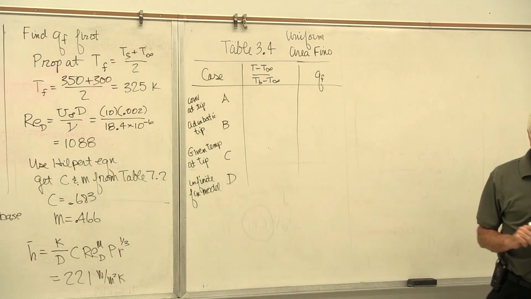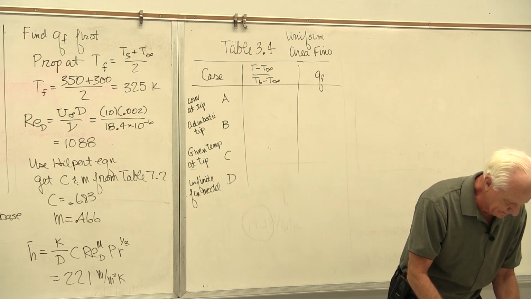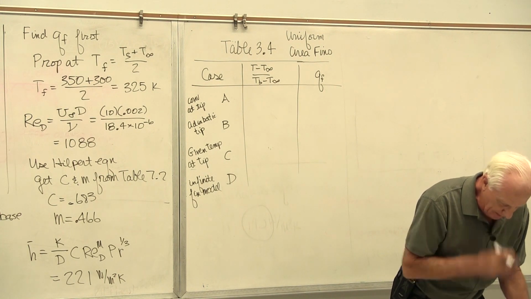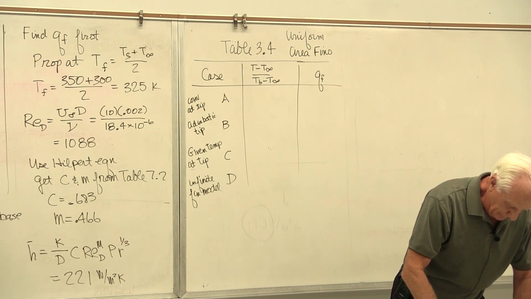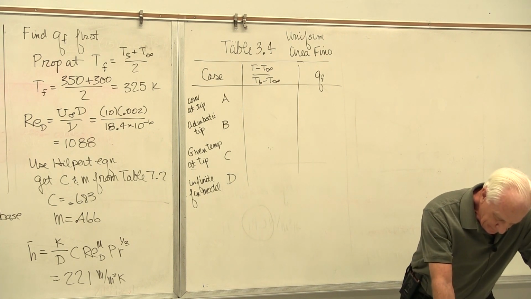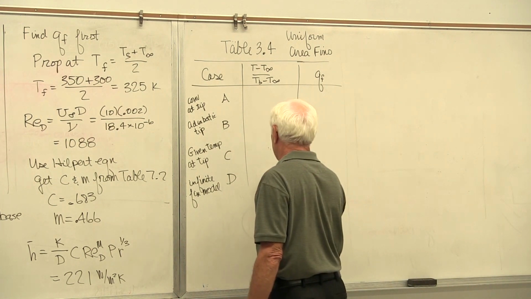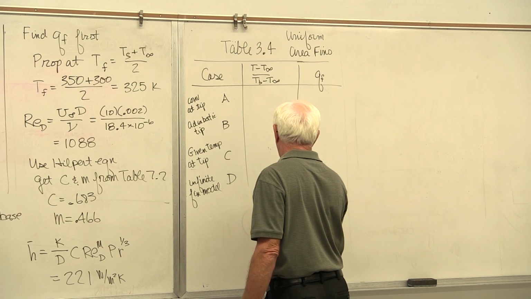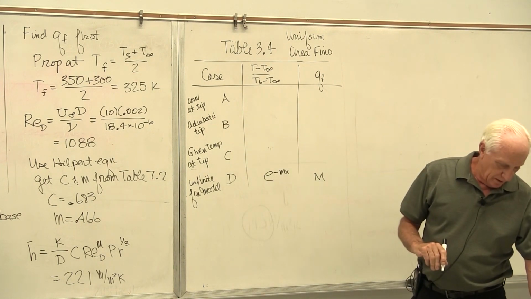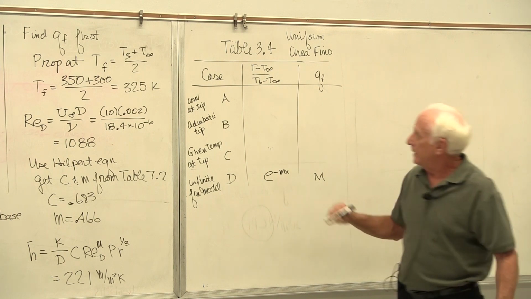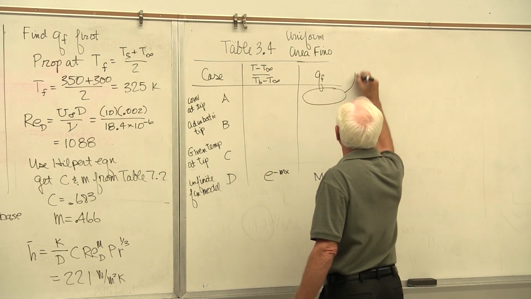Let me go back to table 3.4. There it is. e to the minus mx, capital M. I'm going to put this equation right up here.